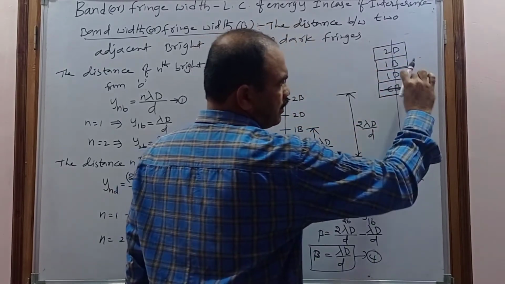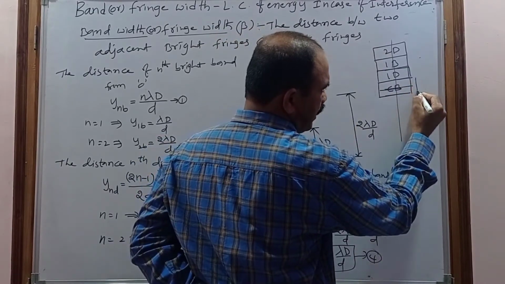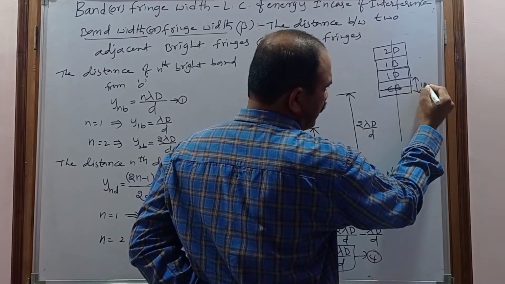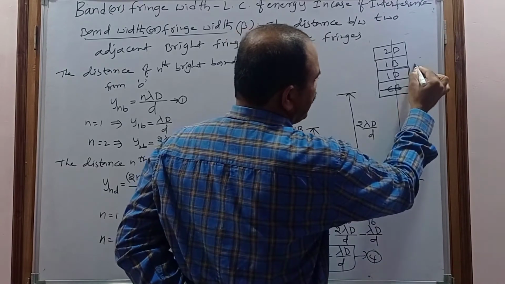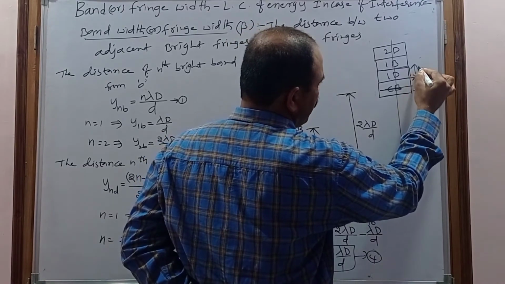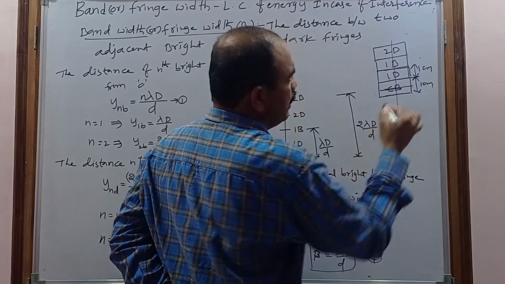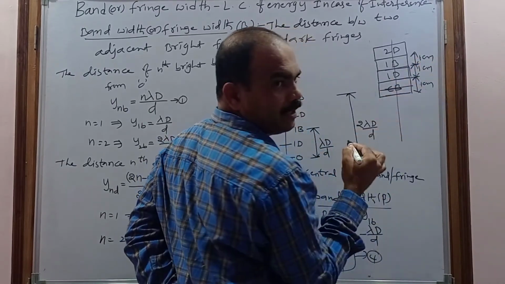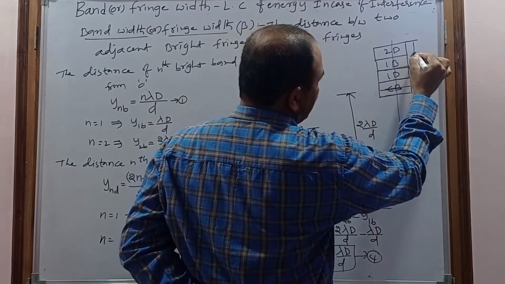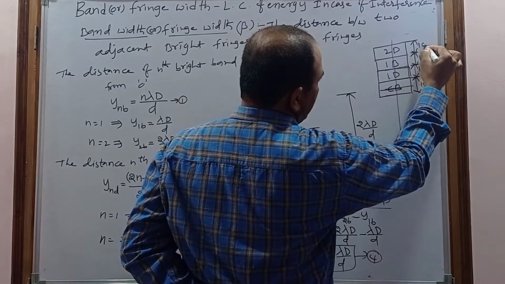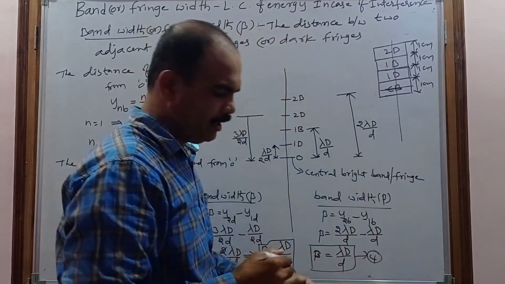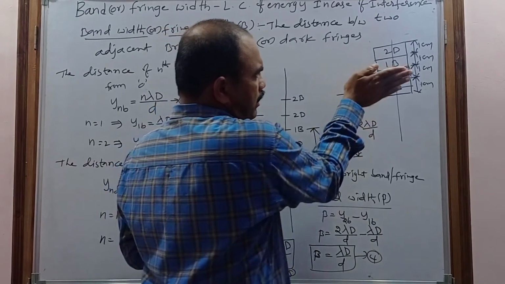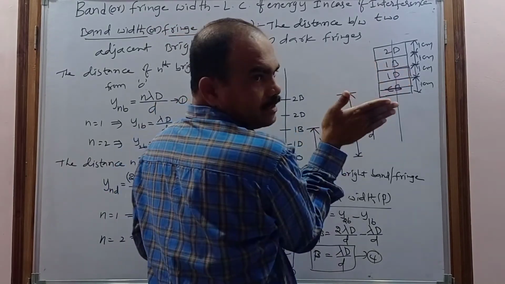Here the widths will be the same. For example, if the central bright band is formed with a width of 1 centimeter, the first dark band is also formed with the same 1 centimeter, the first bright band is also 1 centimeter, and the second dark band is also 1 centimeter. So all the bands are formed with the same width.